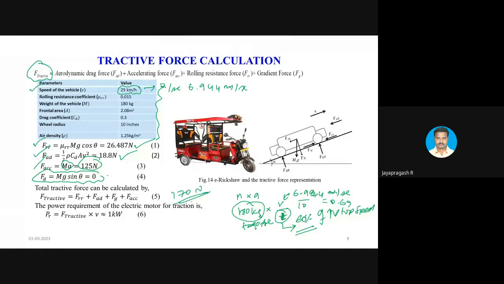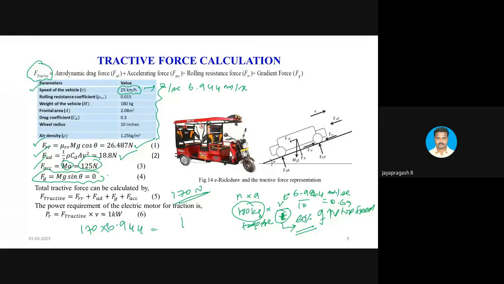I'm just giving an approximate value, so you can follow the same procedure. The tractive force required for the e-rickshaw application is 170 Newton. To calculate the power requirement for an electric motor for traction, this tractive force should be multiplied with velocity. So 170 should be multiplied with the velocity we calculated already, 6.944.